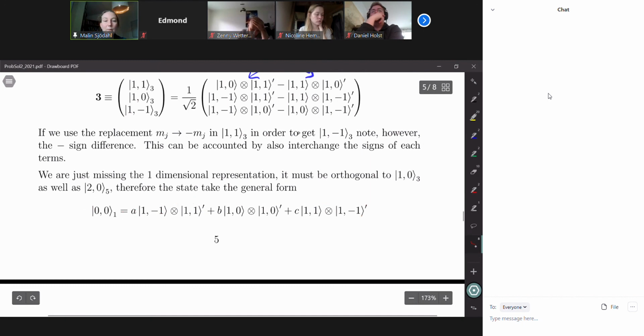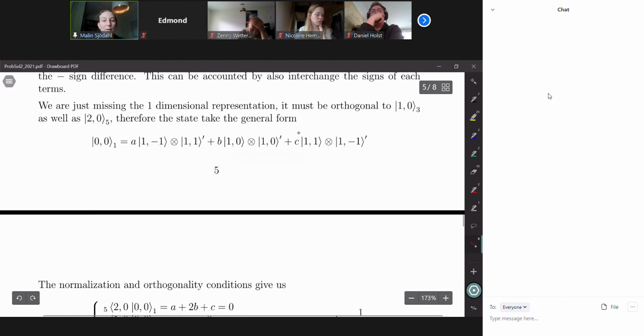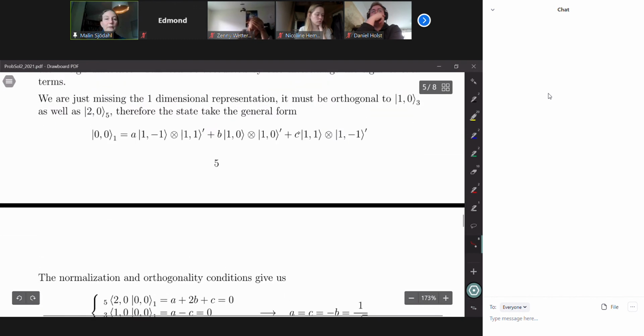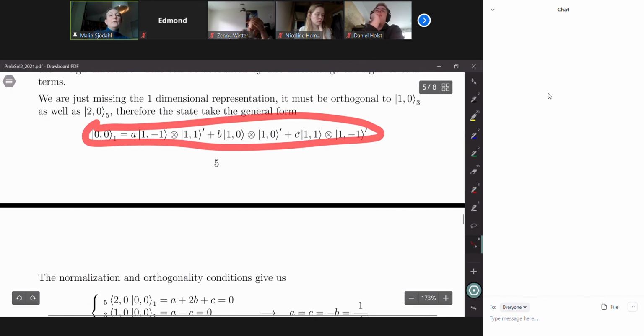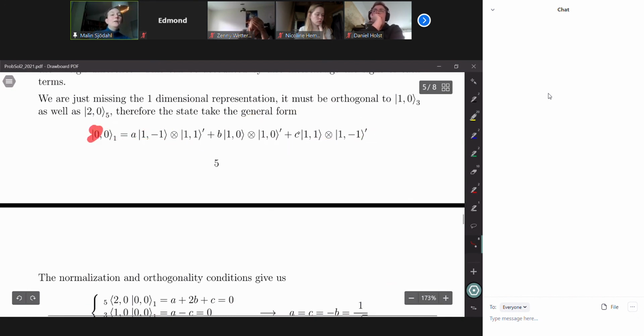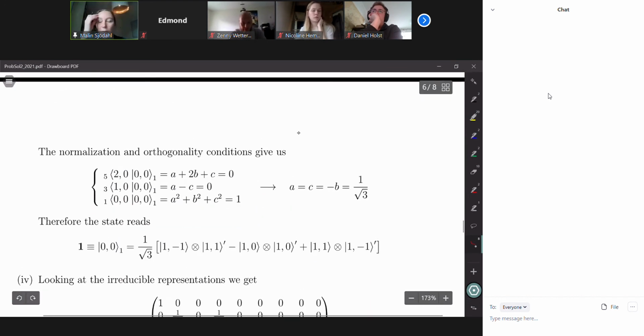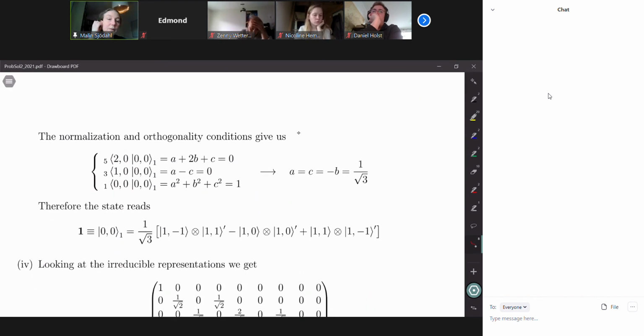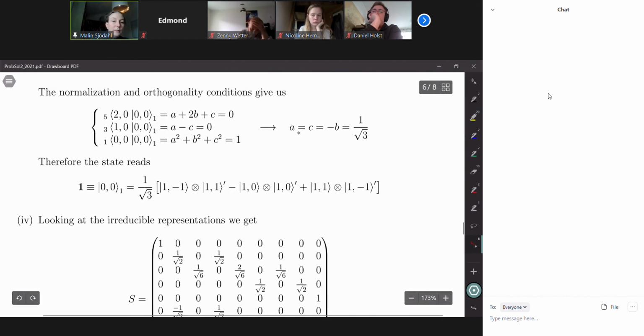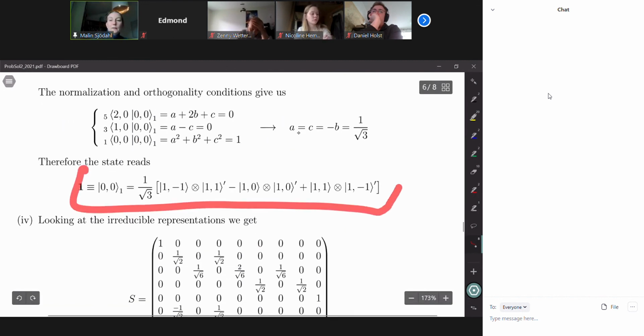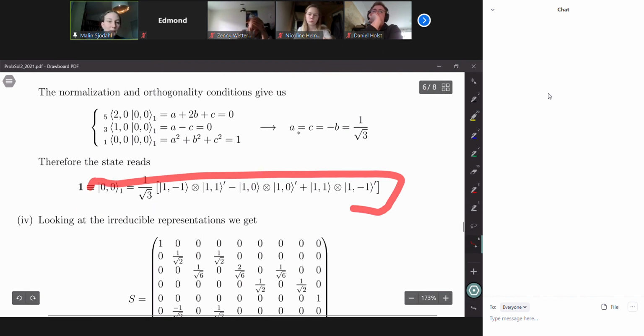So -1, 1, 0, 0, and 1, -1. And then we want this to be orthogonal to both the total spin 2, 0 state and the total spin 1, 0 state. And that then gives us a little equation system to solve. And after solving it, one can find that the state should look like this.